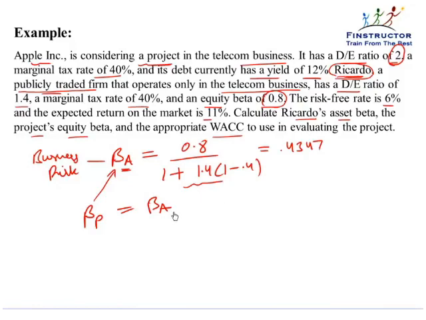Now we will add it back again corresponding to our project's leverage and our project's risk. So into 1 plus D by E into 1 minus the marginal tax rate, all of them for our project now, that is 0.4347 into 1 plus 2, that is the debt equity of our project, into 1 minus 0.4.